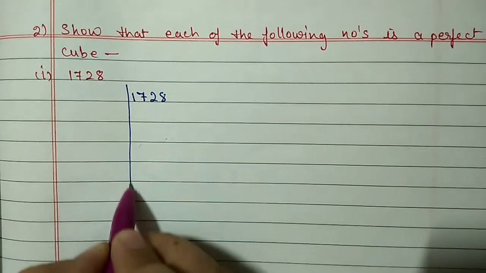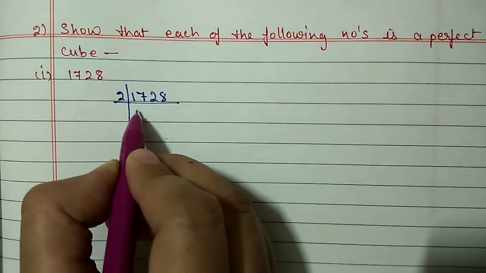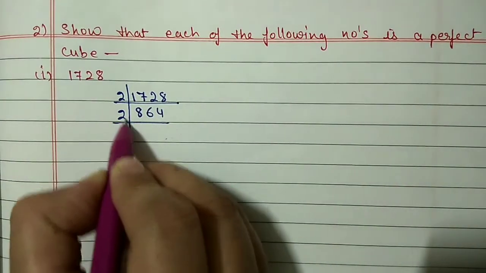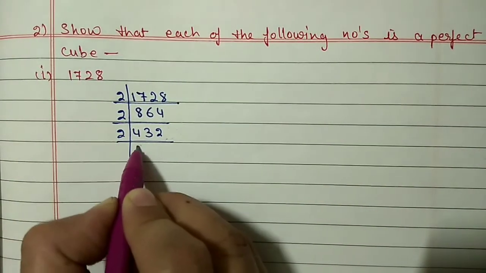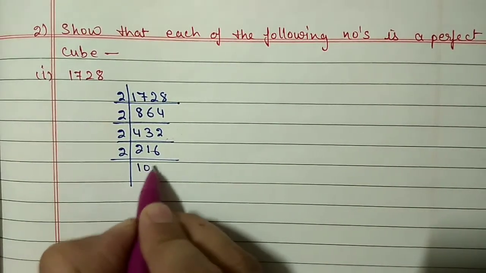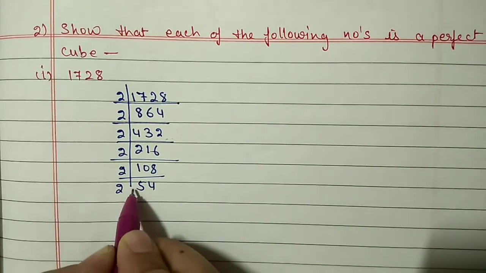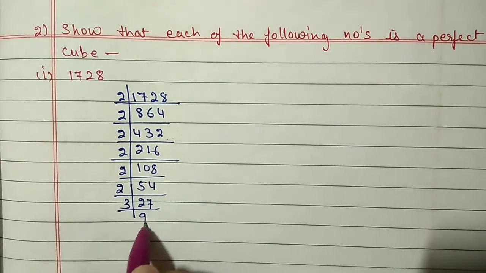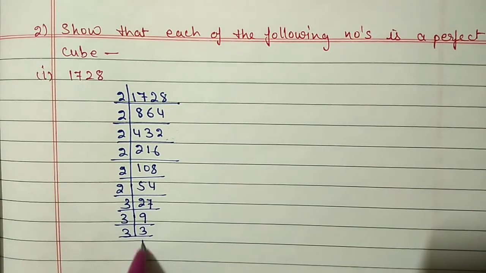1728. It will go with 2: 2 8s are 16, 2 6s are 12 and 2 4s are 8. Then 2 4s are 8, 2 2s are 4 and 2 1s are 2. And 6 2s are 12, then 108, then 2 54 times, 2 27 times, and 27 with 3 it will go 3 9s and 3 3s and 3 1s.